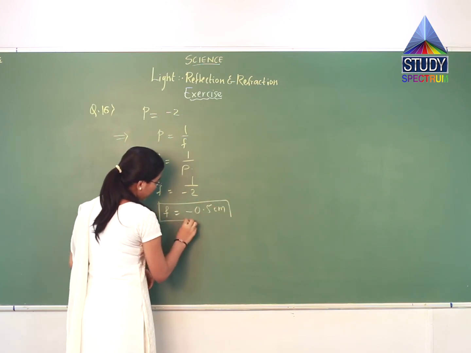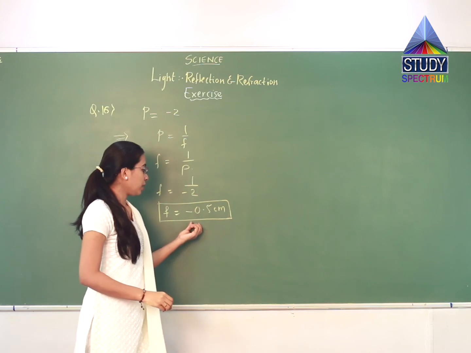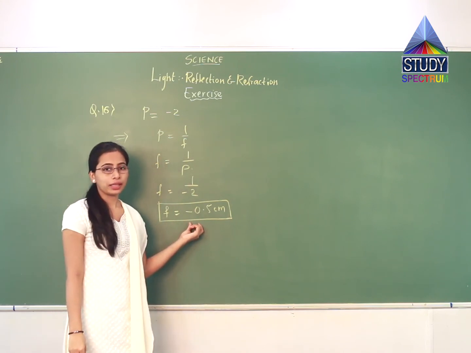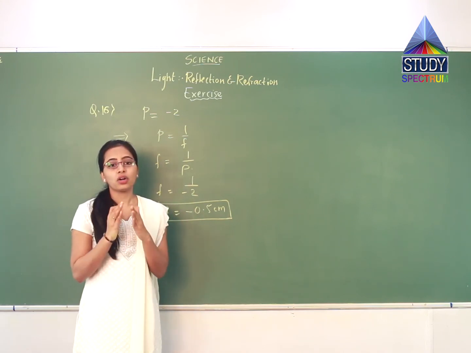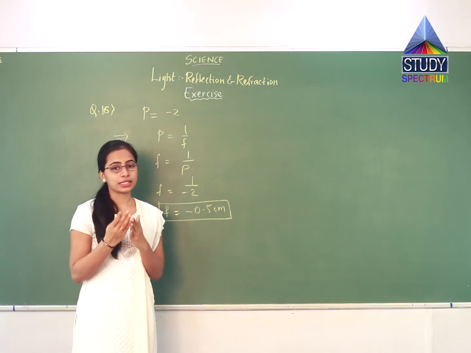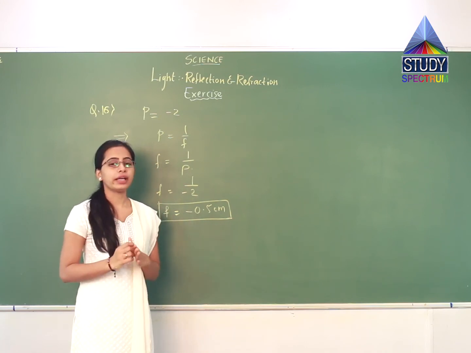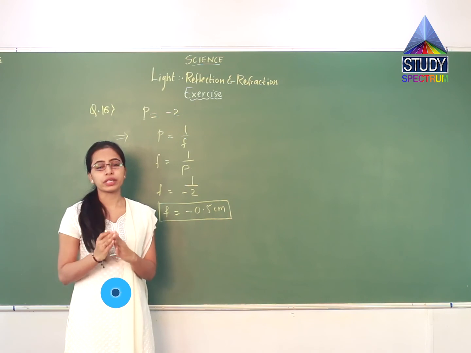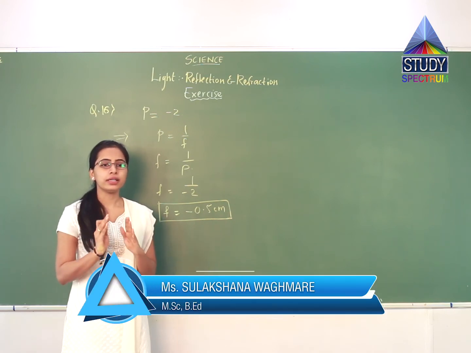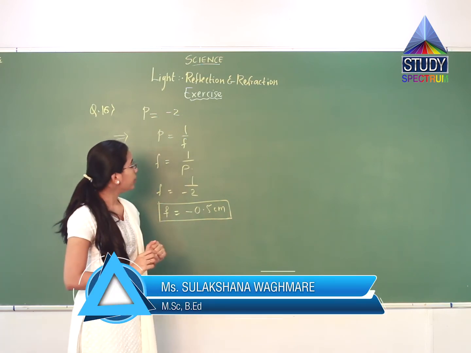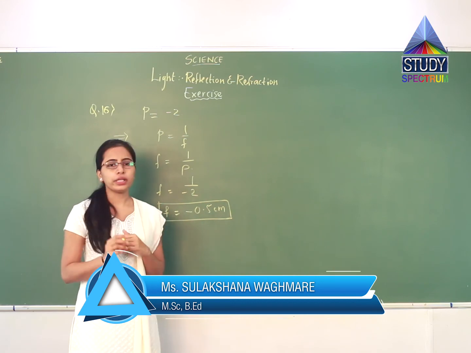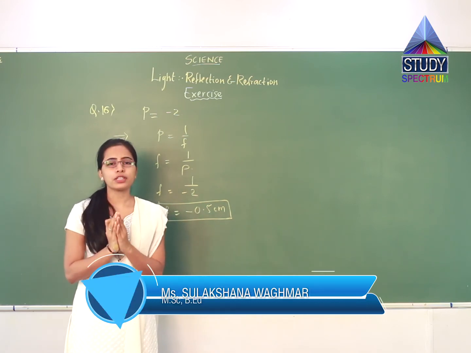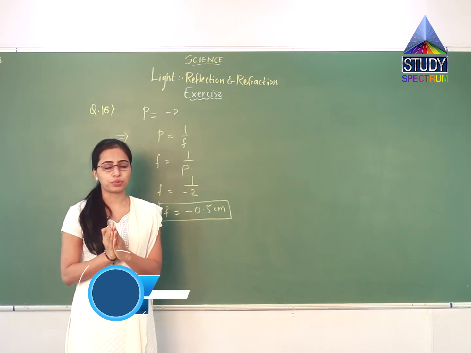Now you can see, since the focal length is negative, that means it is a concave lens which has negative focal length. So you will write, this is the concave lens. This is the answer. Actually here the power was given in the form of diopter.